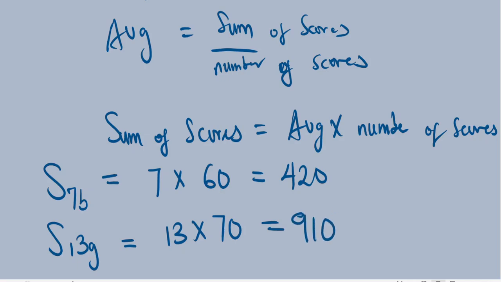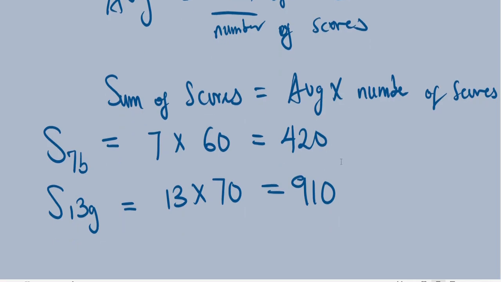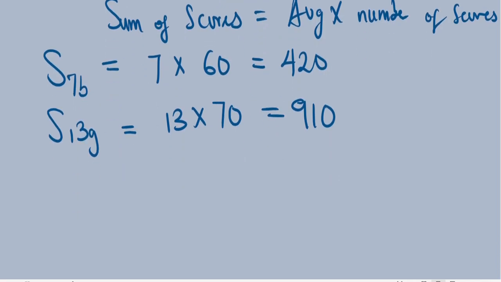So the total sum of scores for girls is 910, and for boys is 420.